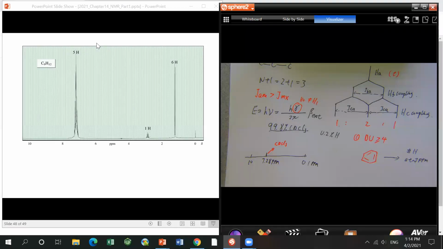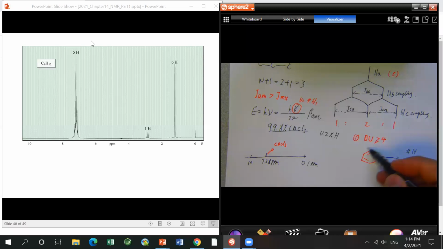Benzene has 6 protons on it. If we show 5 protons here, that means monosubstituted benzene, because one of the protons is replaced by a substituent and the other 5 still remain.